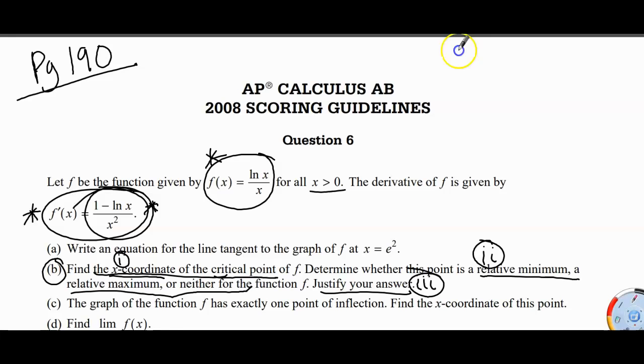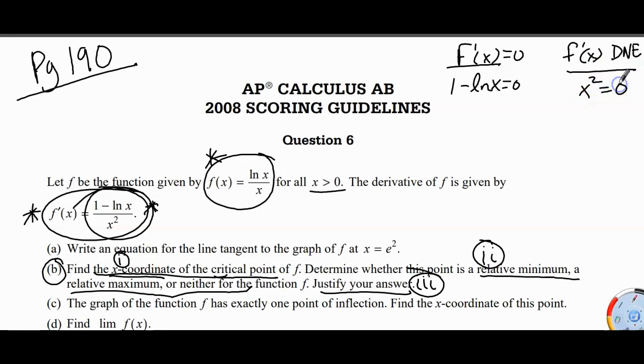Well, we've talked about that a derivative of a fraction expression is going to equal 0 when the top of that fraction equals 0. And we've also talked about how the derivative of that function is undefined or does not exist when the denominator of the function equals 0.